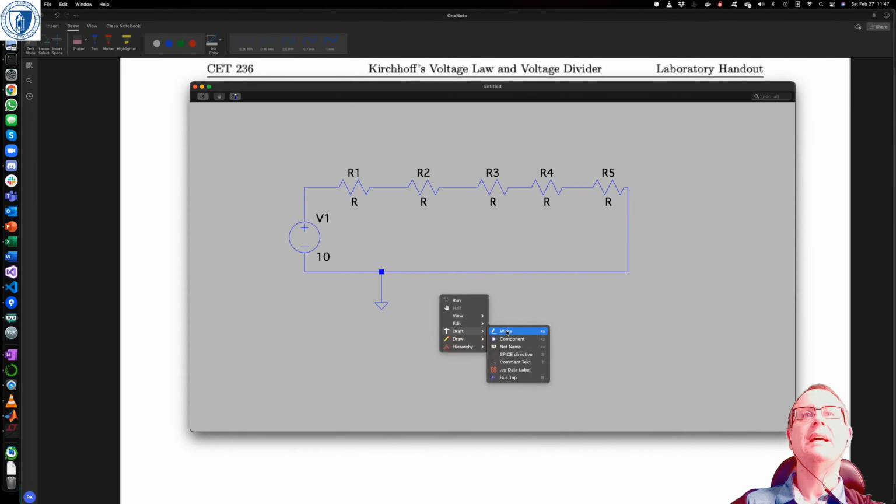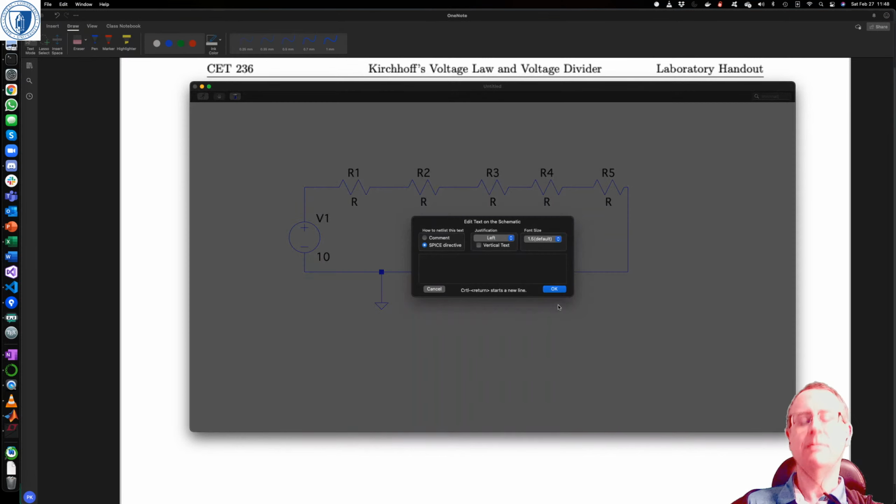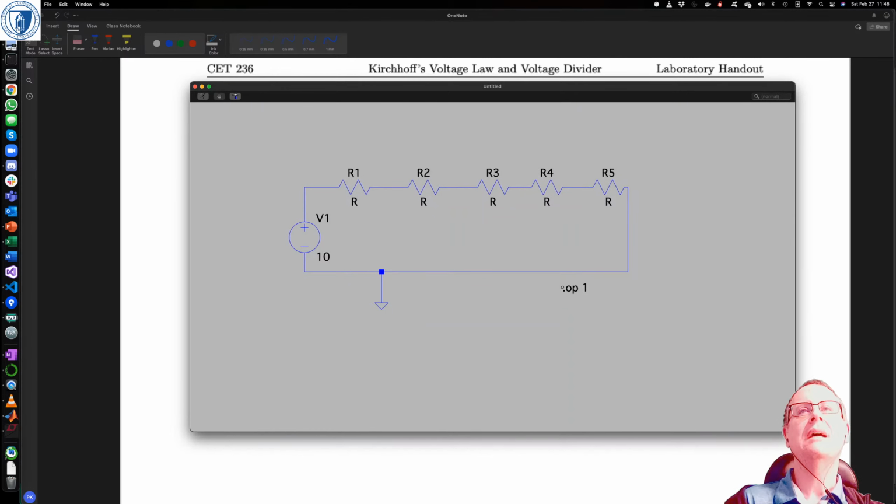Then we need to add our SPICE directive, and one option is .op or .tran. For our later experiments we'll need .tran rather than .op, so that's why I tend to use .tran, so I don't have to change it once we start talking about sinusoidal voltages.